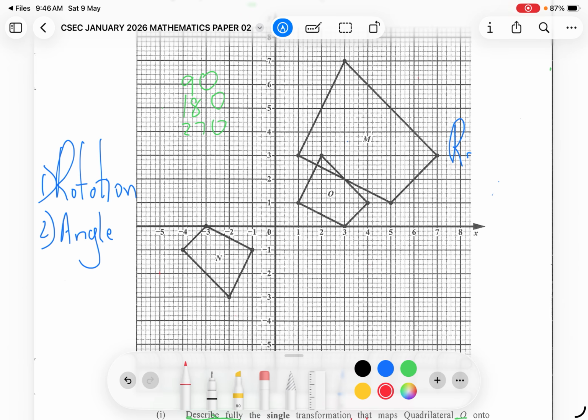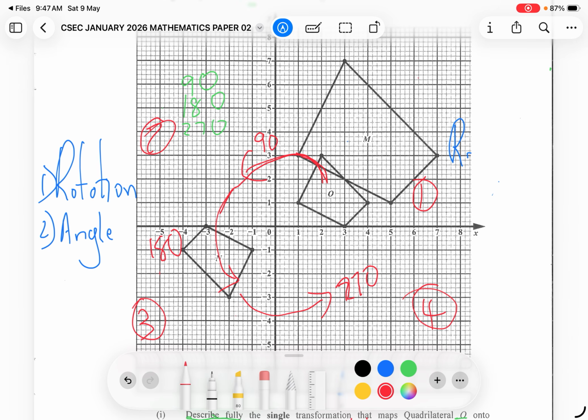Moving from quadrant 1, quadrant 2, quadrant 3, quadrant 4, anti-clockwise. Moving from one quadrant to the next would have been 90. So this, if I went here, it would have been 90. Moving from here, come here, that is 180. Moving from here all the way here would have been 180.